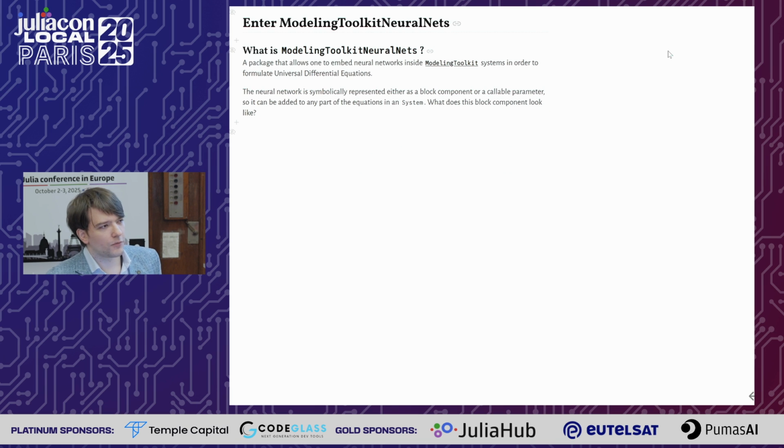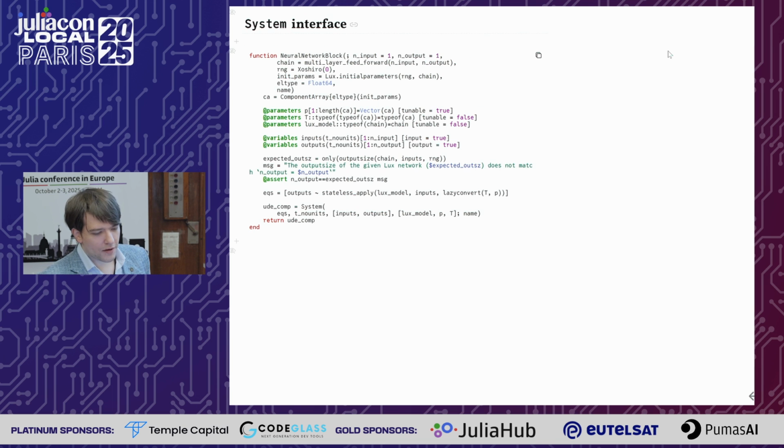And this is what ModelingToolkitNeuralNets is for. So the idea is to have a system interface in Modeling Toolkit such that you get a system out of the neural network so that you can connect things as inputs and as outputs.